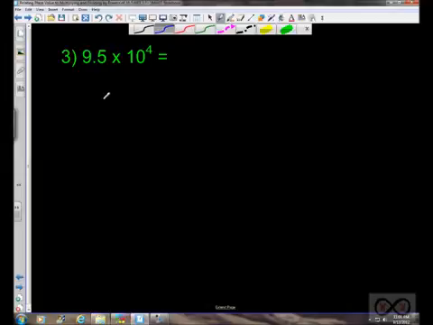In this case, I'll move a little bit quicker now. 9.5, and we're going to move the decimal point 4 spaces because we're multiplying by a power of 10, or 10 elevated to the 4th power. So now we'll do that. We'll move that decimal point over 1, 2, 3, 4 places. The decimal point would land here.